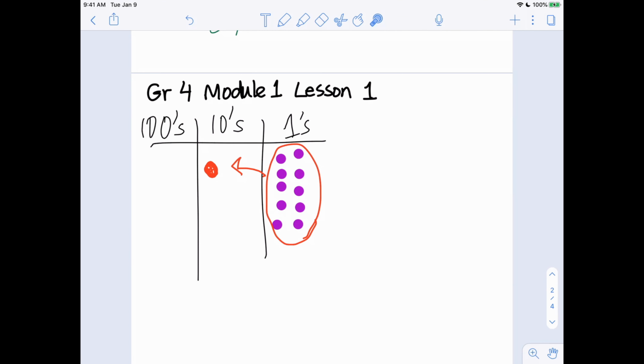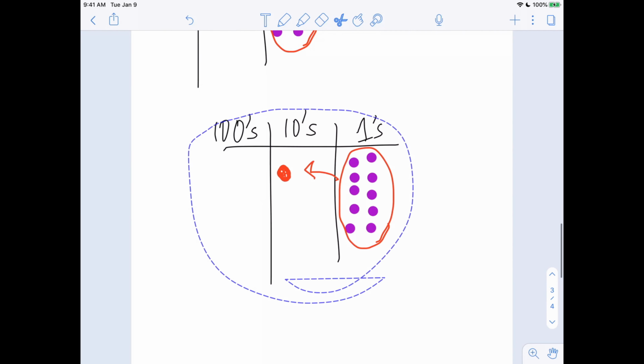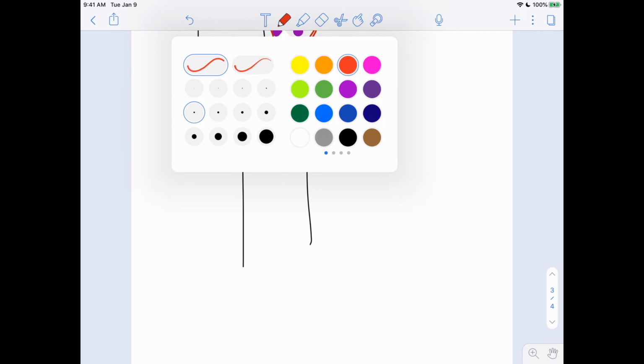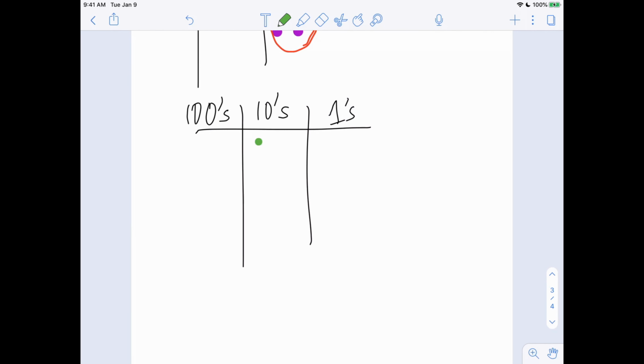All right, let's continue this idea. Let's say I'm going to copy that and move down here, and do some erasing. Now it's the same kind of process. If I have this dot, what does that dot mean? That means I have 1 ten, 2 tens, 3 tens, which is like 30, right? 4 tens, 5 tens, 6, 7, 8, 9, 10 tens.